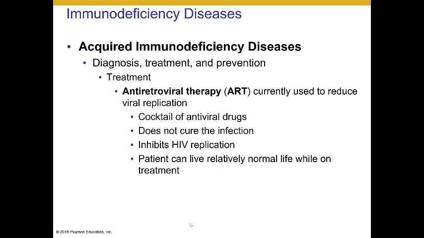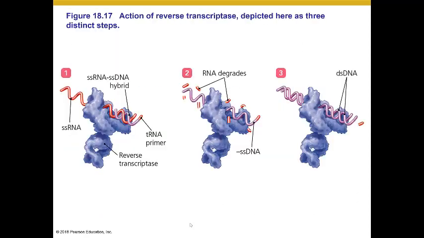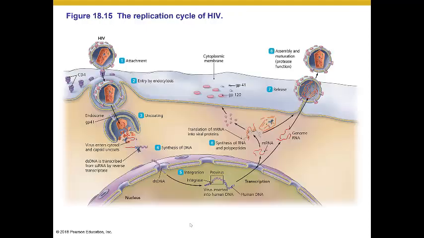In terms of treatment, it's commonly called ART, which stands for antiretroviral therapy. Usually it's a cocktail or a mixture of a variety of different drugs. The goal is to reduce viral replication. So let me go back to that viral replication image. What could we target?